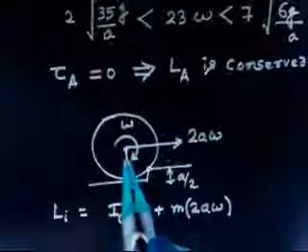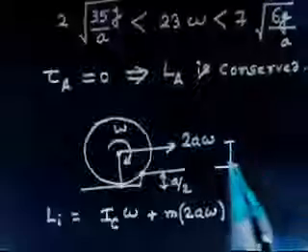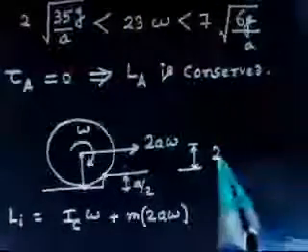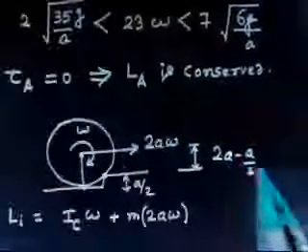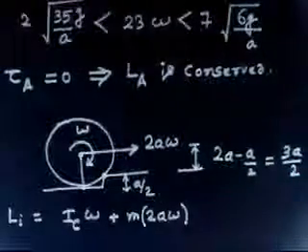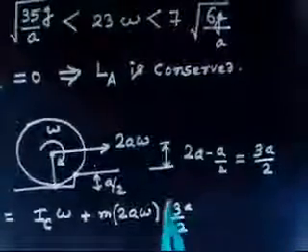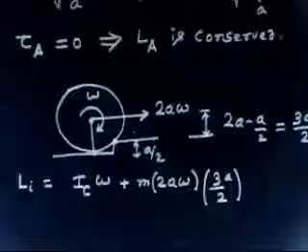Total height is 2a, so 2a minus a by 2 is the height, so this is 3a by 2. Are you getting? So the angular momentum will be 3a by 2 into 2a omega into m.